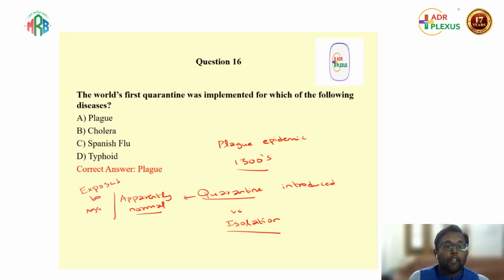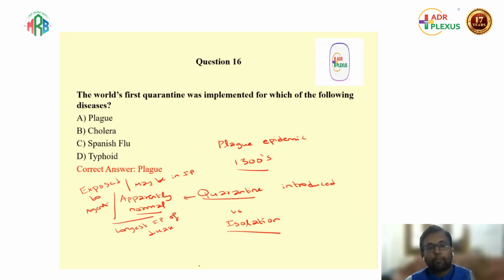So they may be in incubation, and they may develop the disease anytime. So we have to separate them for the longest incubation period of the disease. They are looking normal, and the specific diagnostic test may be negative now, but they may develop the disease in the future.